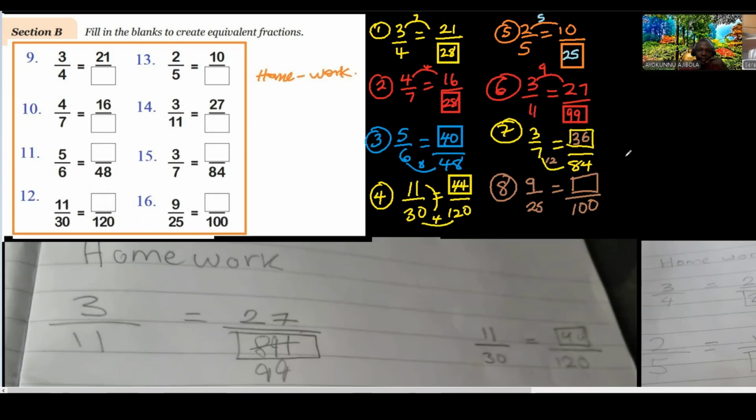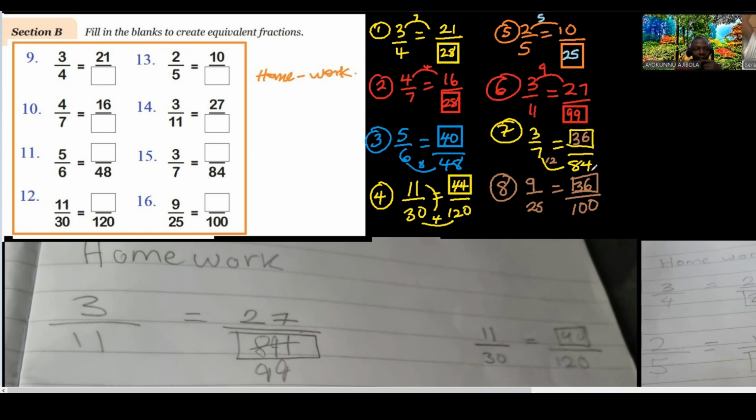What should be the answer for this last one? The answer for this question should be 36. 36, that's correct. Can you tell me how you arrived at 36?